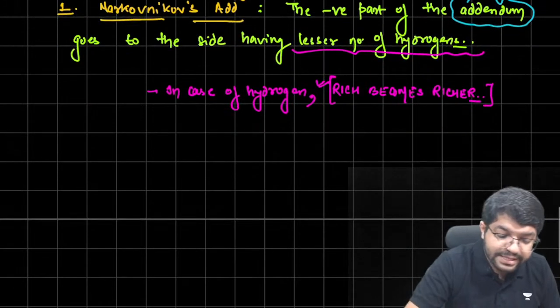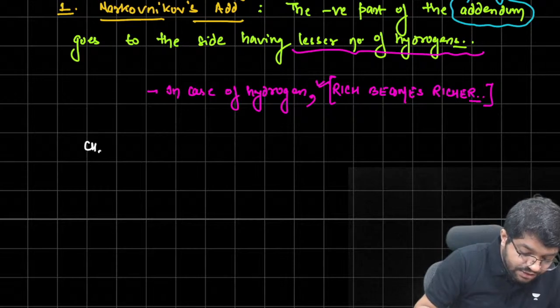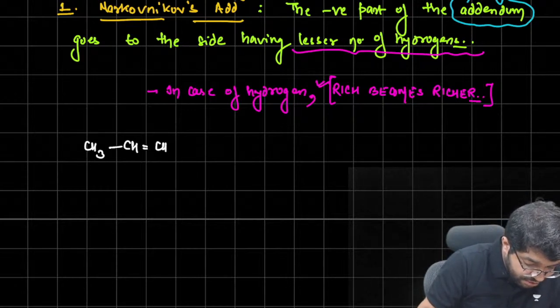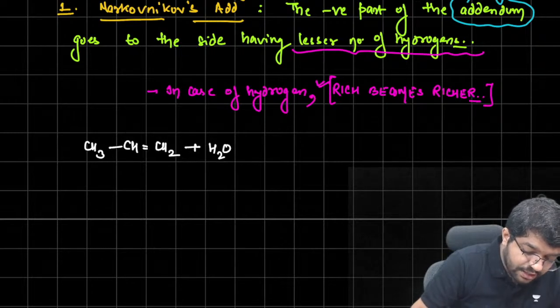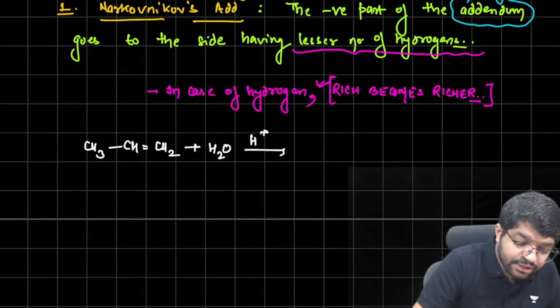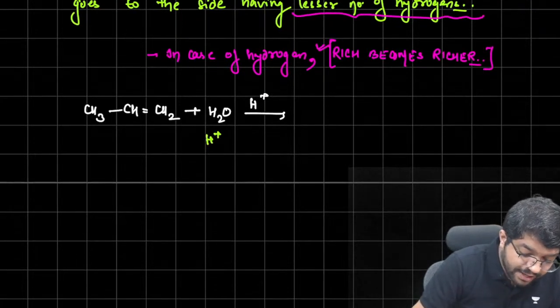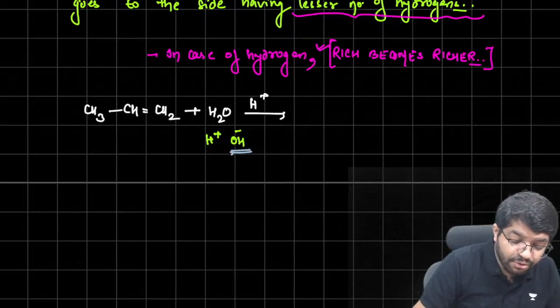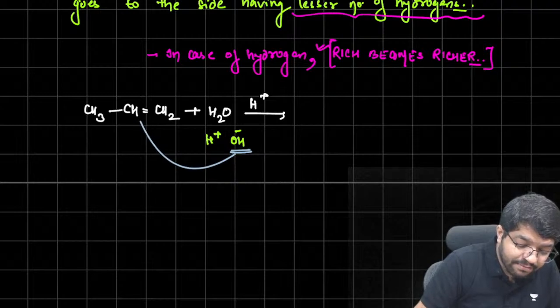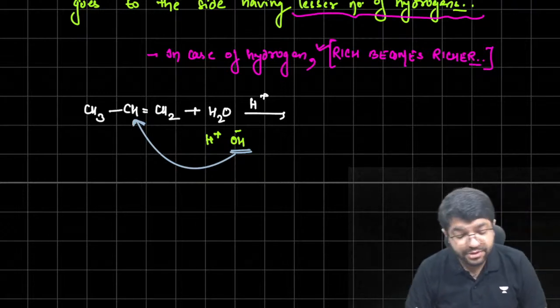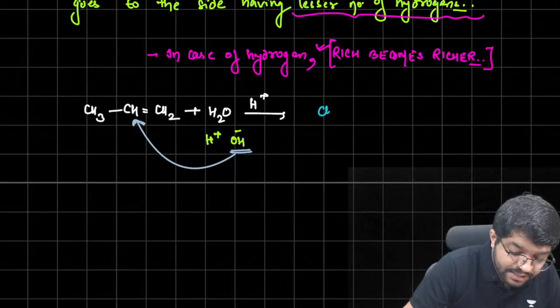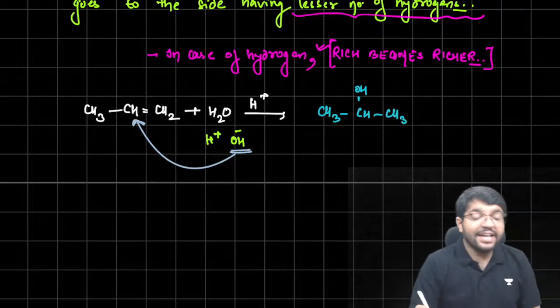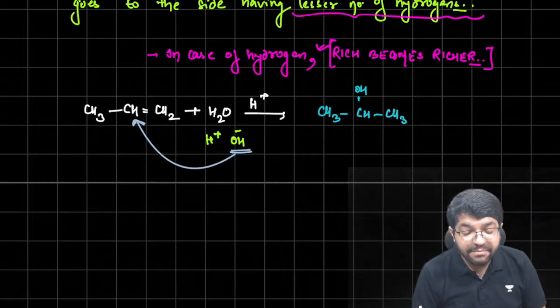How does it go? CH3, CH double bond CH2 plus H2O in the presence of H+. This H2O is H+ and OH-, and the negative part of the addendum goes to the side having lesser number of hydrogens. So it results in CH3, CHOH, CH3.